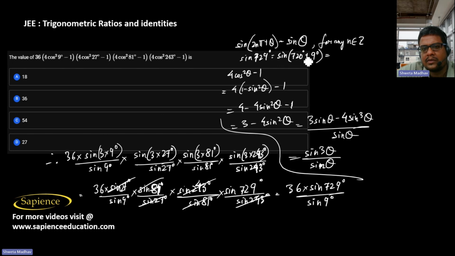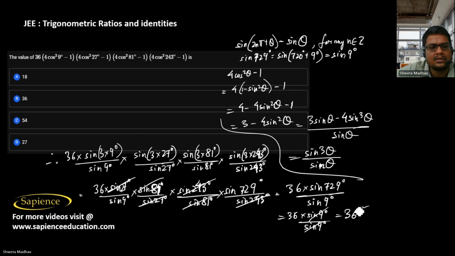So 720 is 360 into 2. So it will be the same as sine 9 degree. So it is equal to 36 into sine 9 degree by sine 9 degree. So these two will get cancelled. We will get 36. So option B is the correct answer. The value of this is 36.